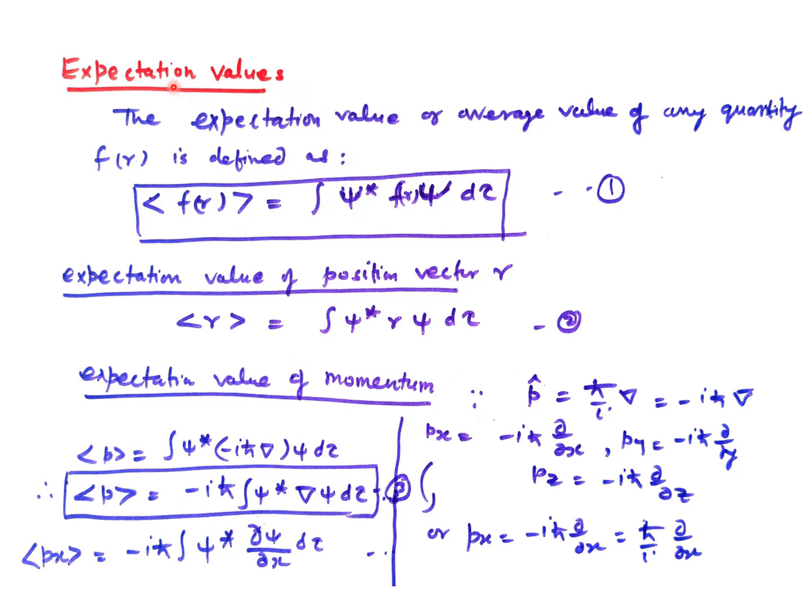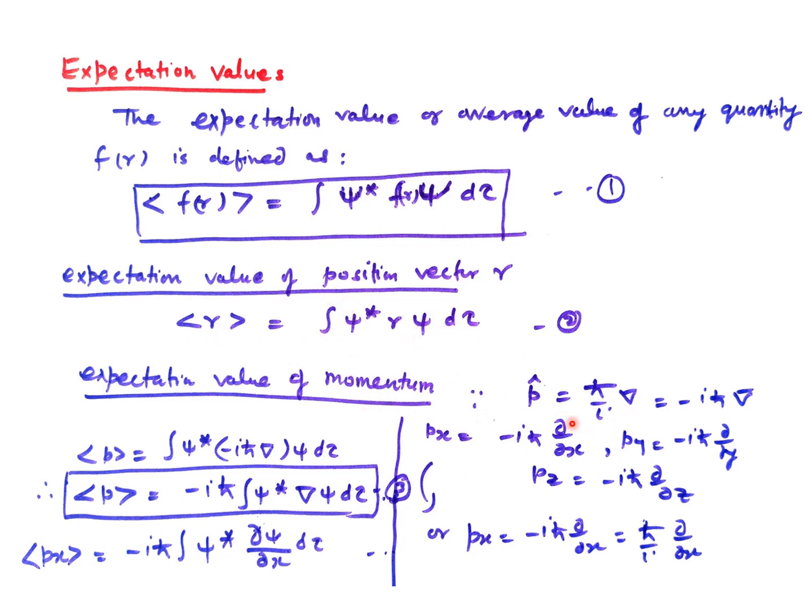There is one more term that is known as the expectation value, or the average value of any quantity. The expectation value of F(r) is defined as the integral of psi star F(r) psi d tau. For a position vector r, the expectation value or average value equals the integral of psi star r psi d tau.